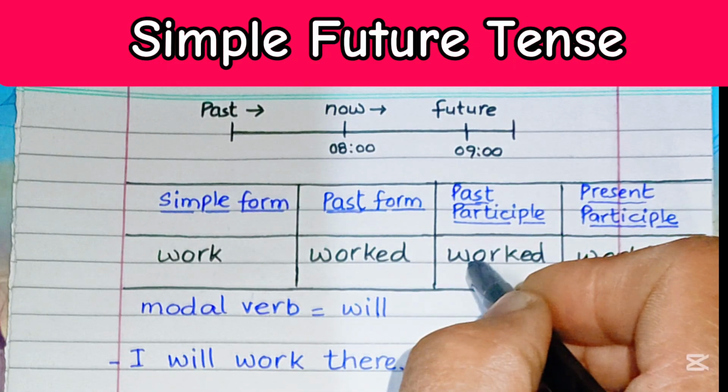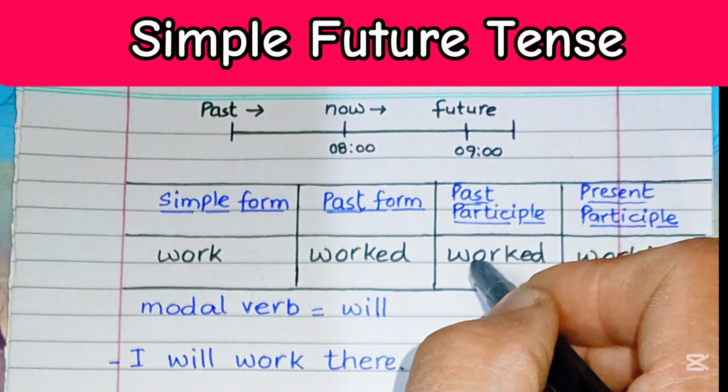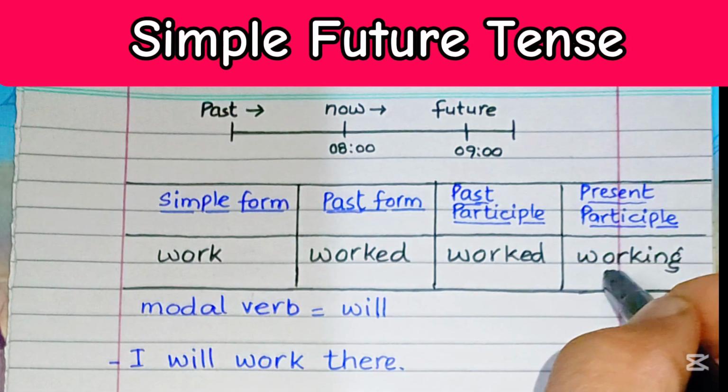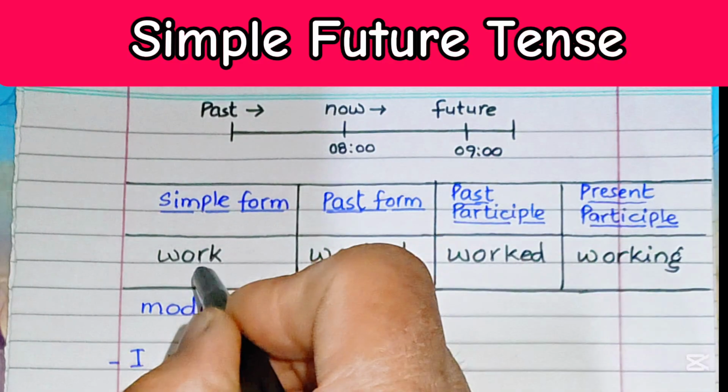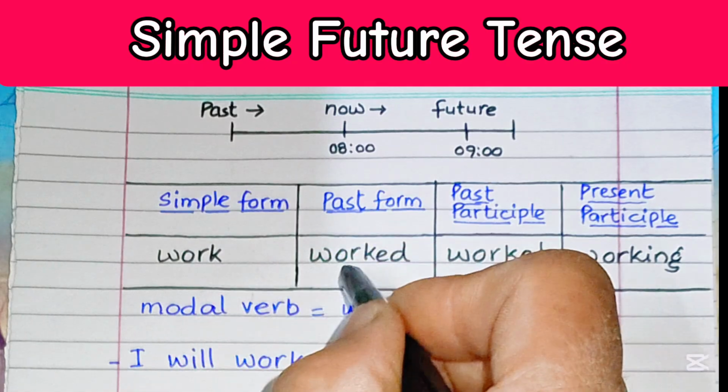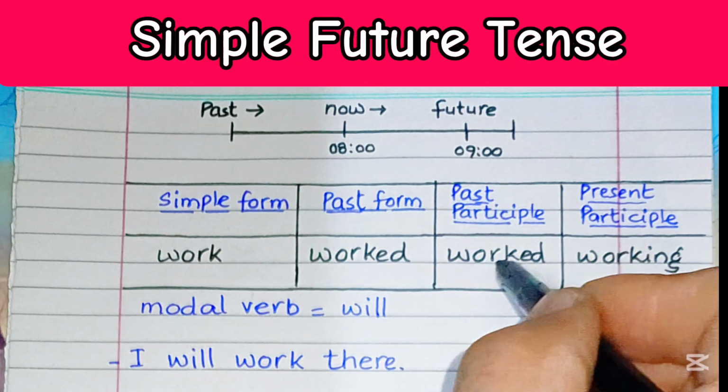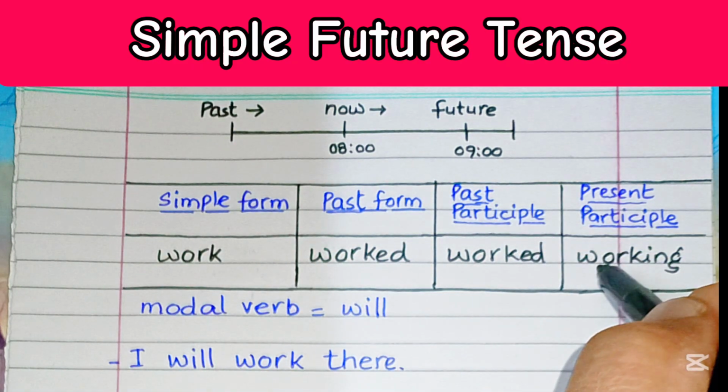Here is the verb as past participle, and then working is in the present participle. So work, worked, worked, and working.